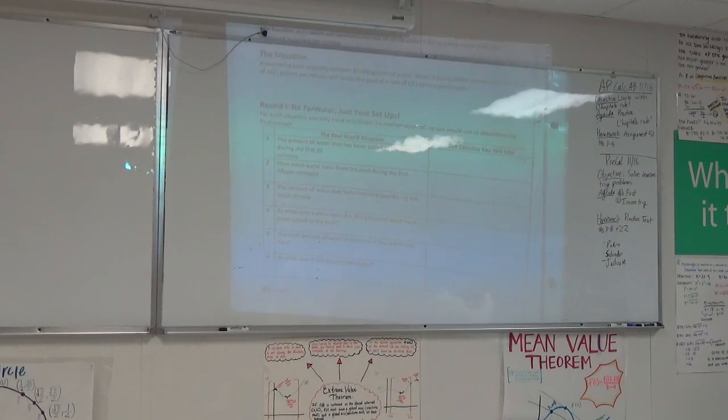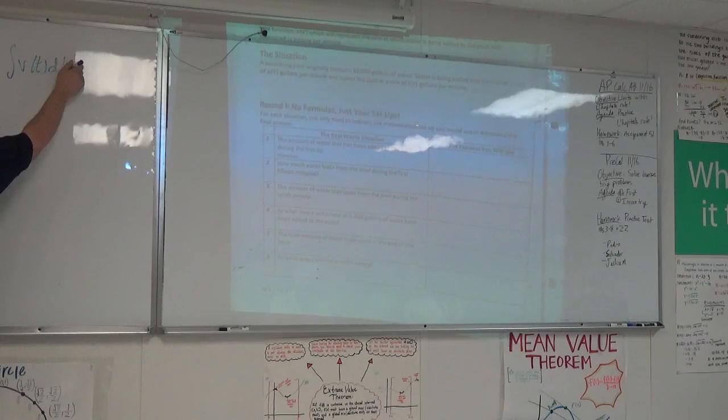And David, if I asked you, what is the definite integral? What is it giving you? It's the area bounded by 4 things, right? What are they? The function, the x-axis, and the interval from A to B. Then we looked at application problems. We looked at things like the integral from A to B of v of t dt.